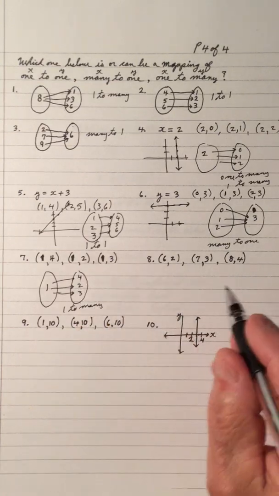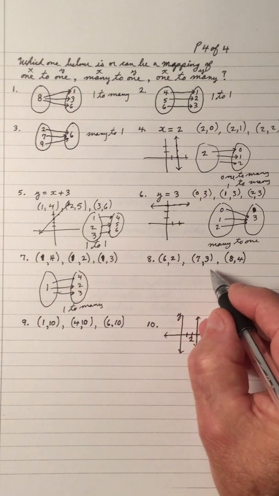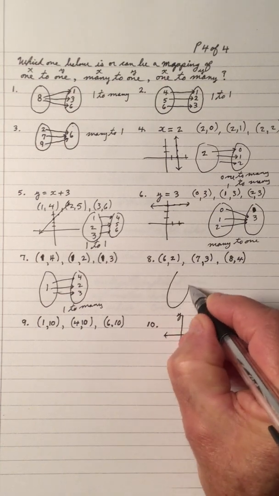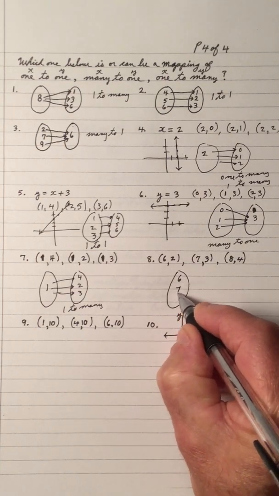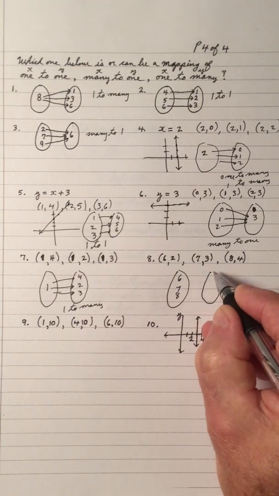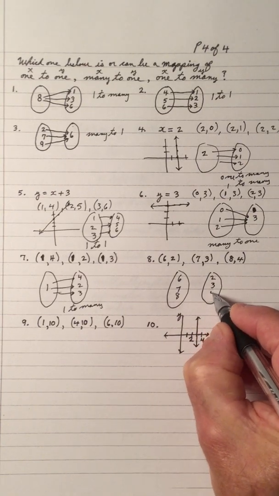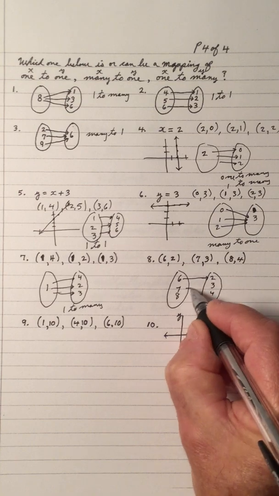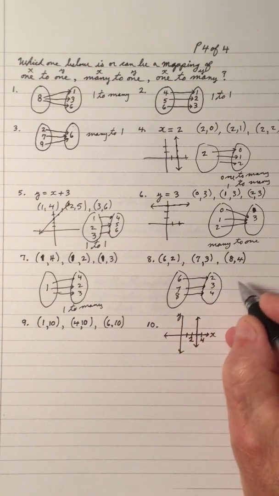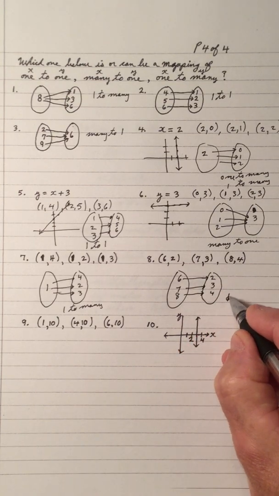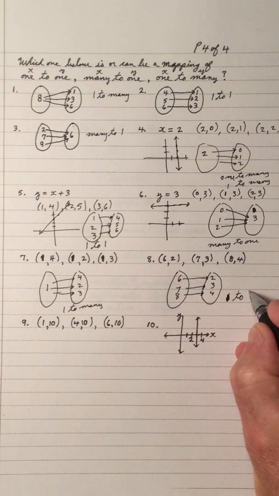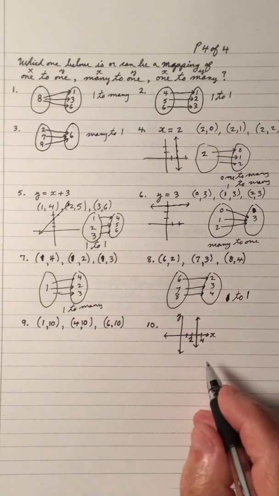That would be a vertical line. And right here we have 6, 7, and 8 going to a 2, 3, and a 4. 6 goes to 2, 7 goes to 3, 8 goes to 4. So that's a 1 to 1.